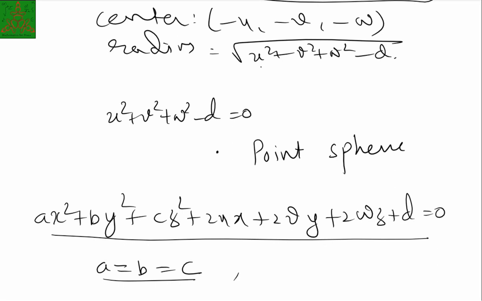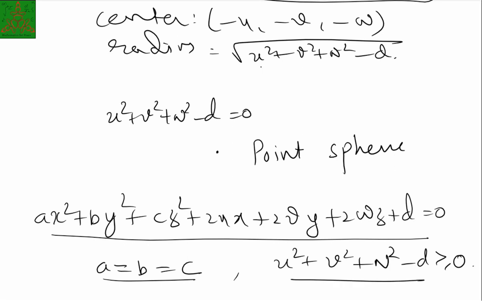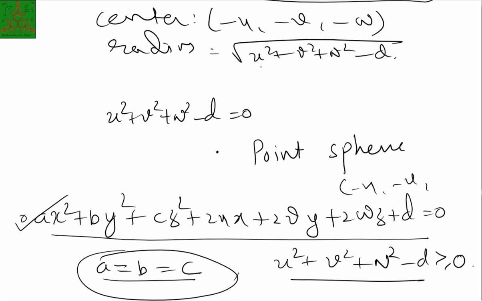Another condition required is that u square plus v square plus w square minus d should be greater than or equal to 0. If these two conditions are satisfied, then this quadratic equation will represent the equation of a sphere with center (minus u, minus v, minus w) and radius the square root of u square plus v square plus w square minus d.